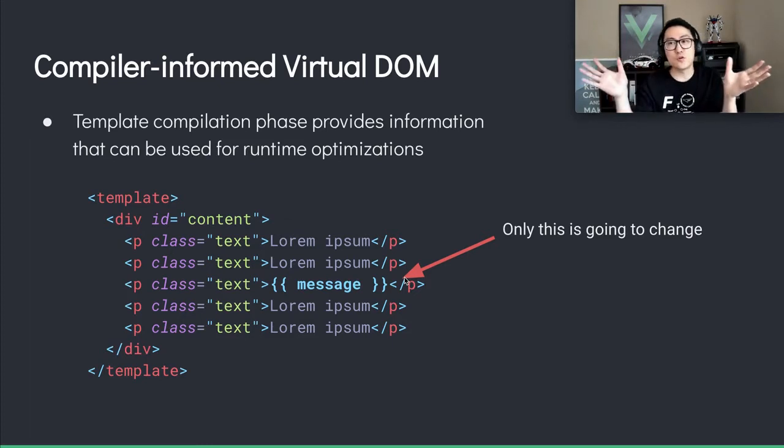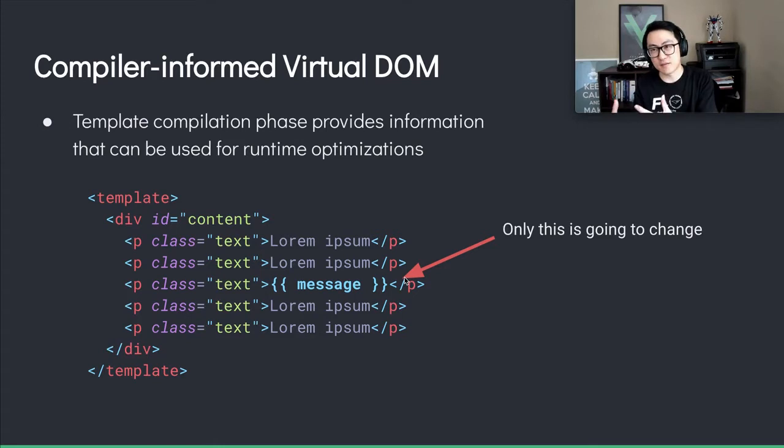These are two very different strategies, and Vue is somewhere in between, because Vue has a compiler that compiles templates, but it also has an underlying virtual DOM implementation that is used for the runtime updating of things.